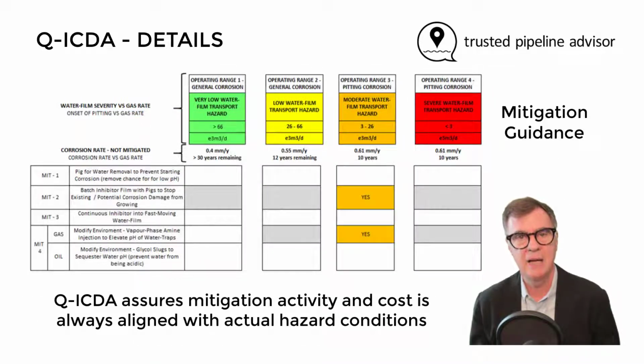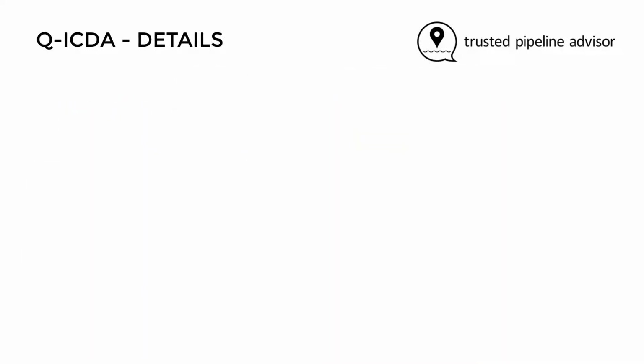In all cases, application of the Q-ICDA mitigation guidance assures maintenance activity and costs are always aligned with the pipeline condition and the severity of the corrosive environment. Misallocation of unnecessary expense on pipelines not at all at threat of corrosion can likewise be quickly eliminated by integrating a Q-ICDA engineering assessment model into a formal pipeline integrity management plan.